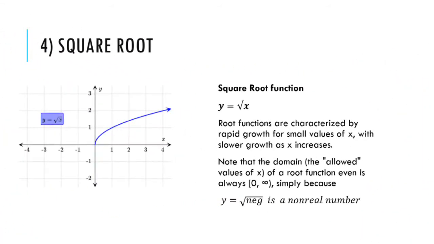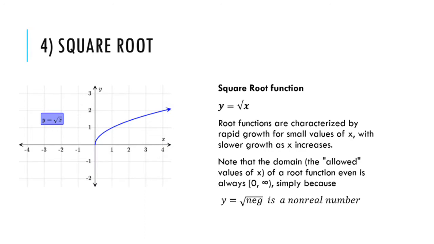This is the square root function, y equals root x. We call it the square root because the x is inside the square root. Remember, under any square root, if we have a negative, that will give us a non-real number.